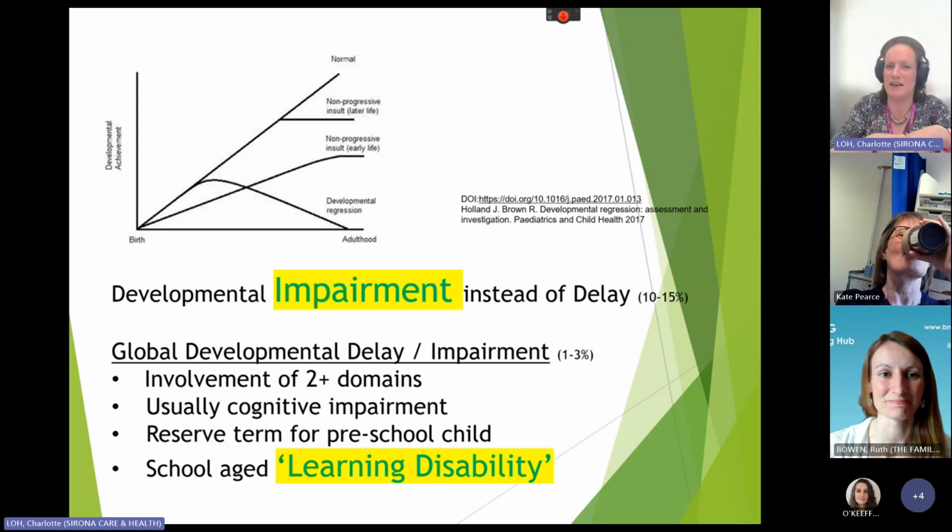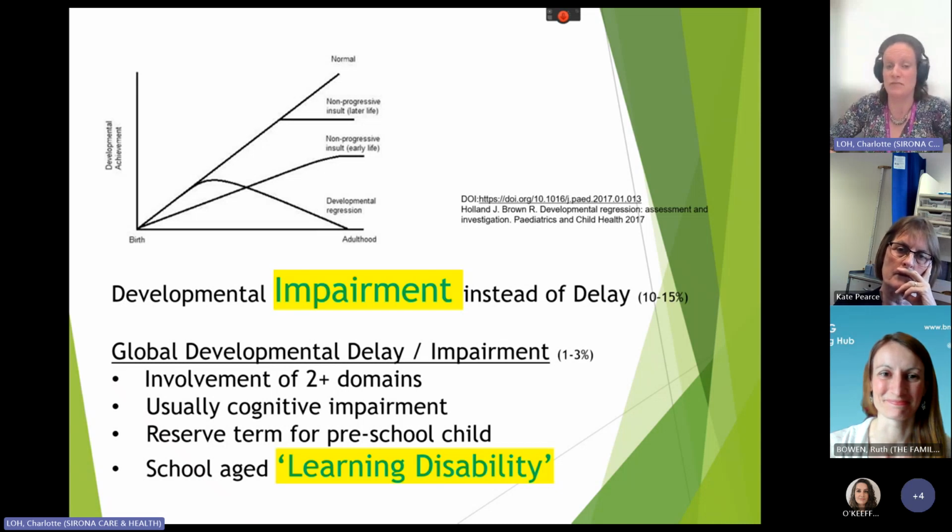It's very rare, to be fair, that you have a global developmental impairment without cognitive involvement, because essentially to get a global involvement, you've got something that's impacted large areas of the brain, and to then not have any cognitive impact is rare. We do see it sometimes.